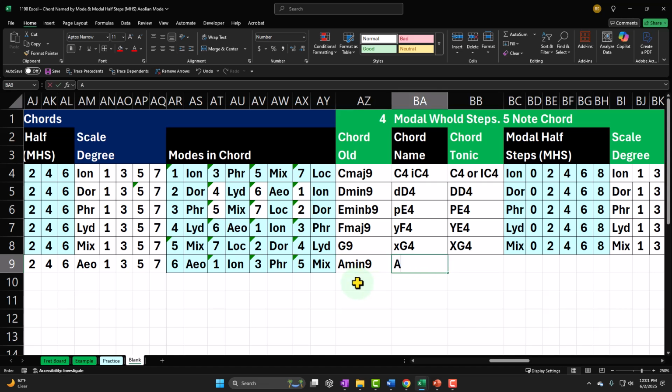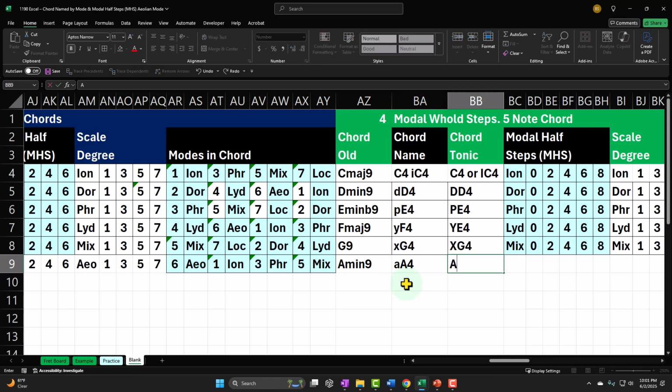It would be easier to say it's an A4, an Aeolian A 5-note chord, which means it has the root, which is the A in this case, plus 4 modal half steps in the key would just go up 4 from that point. And so we could call it an AA4 this way if it was the root.